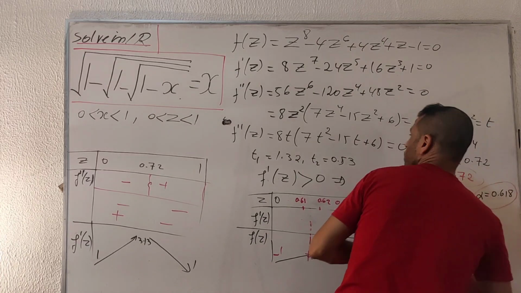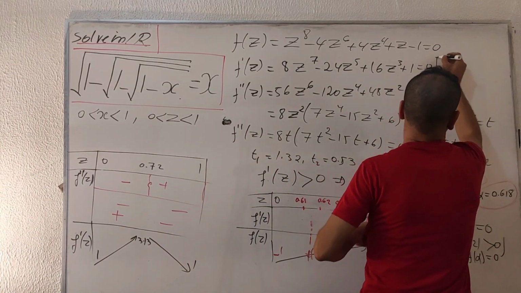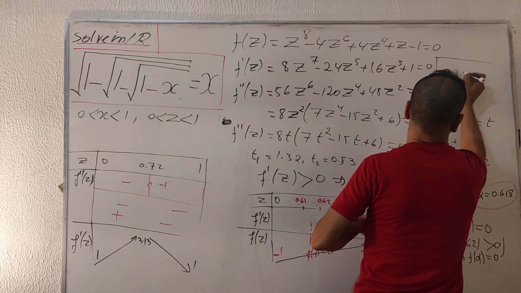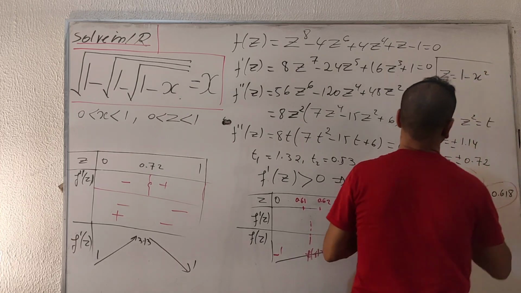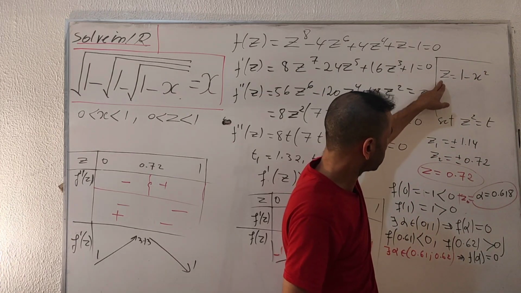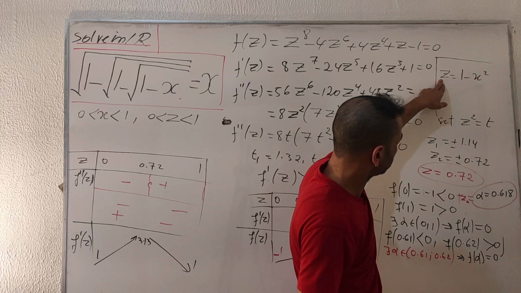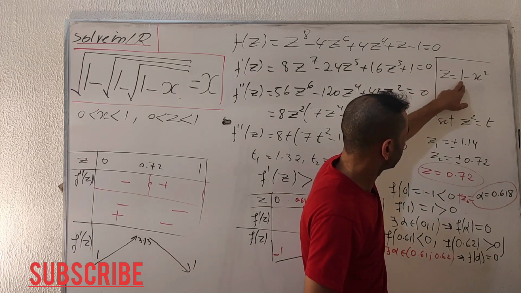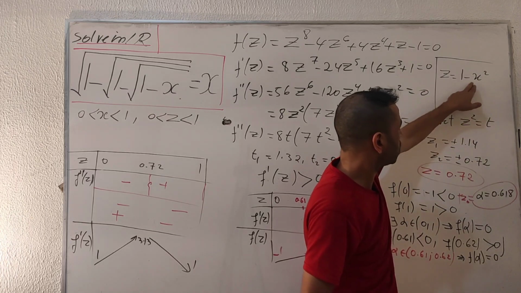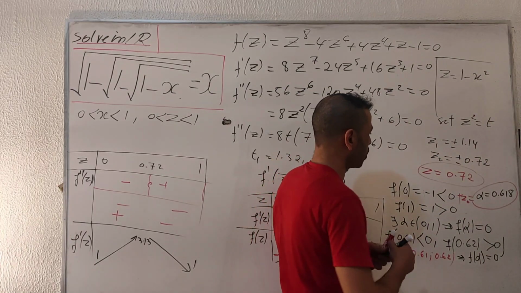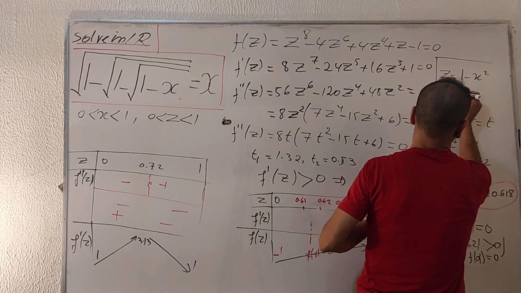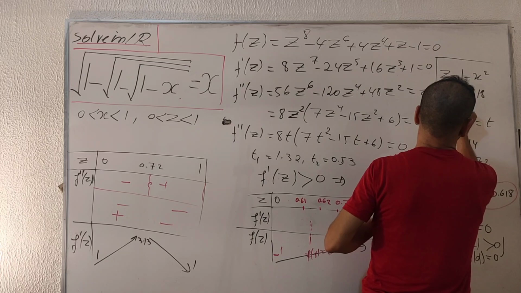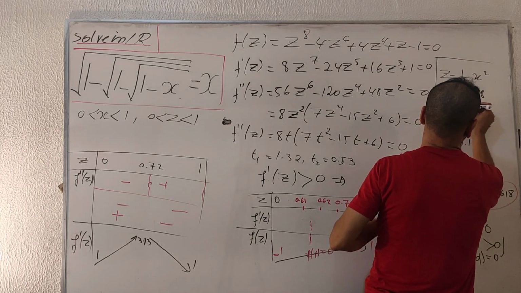So we know we have a straight relationship: z equals 1 minus x squared. Replacing z with this value here, 0.618, and then you get 1 minus 0.618 squared, you will have the same value. So which means x is going to be 0.618, and also z is going to be 0.618.